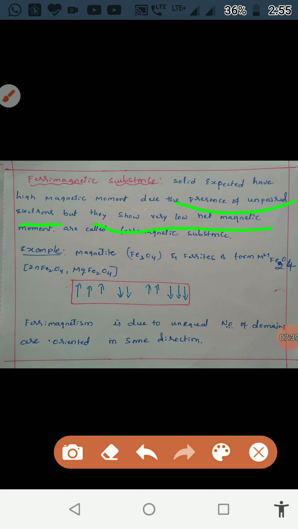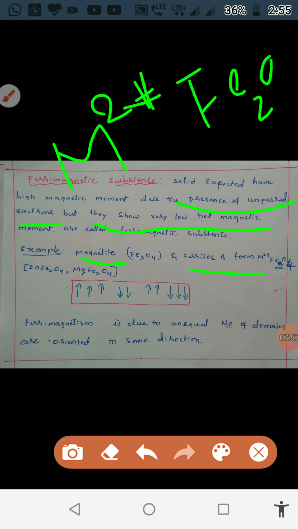They are called ferrimagnetic substances. Examples are magnetite ore and all the ferrites. Ferrite means M in +2 oxidation state, any metal in +2 oxidation state, with Fe2O4. The ferrites in this form are all examples of ferrimagnetic substances.